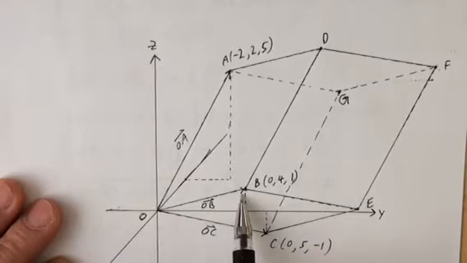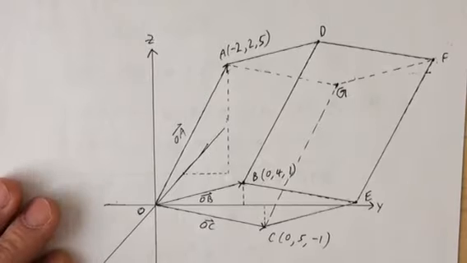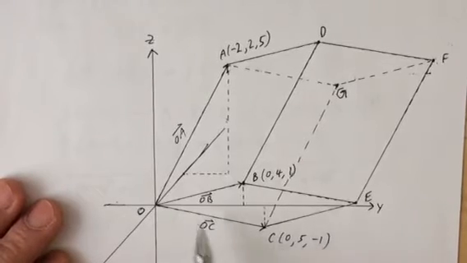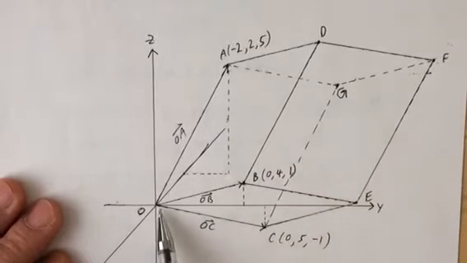And that gives me vector OB and point B. Vector OC is 0, 5, -1. So again, 0 on the x-axis, 5 on the y, and -1 parallel to the z. And that gives me point C and vector OC. So I've got OA, OB, and OC.